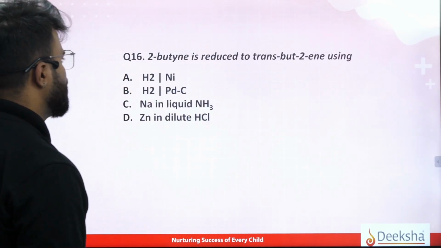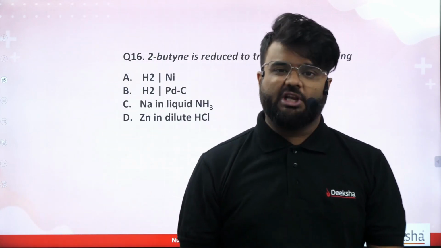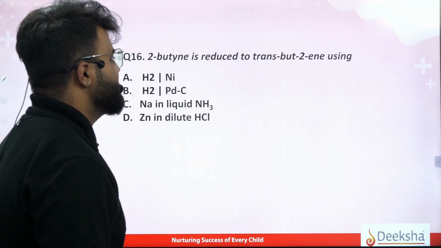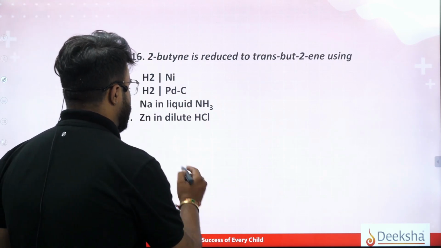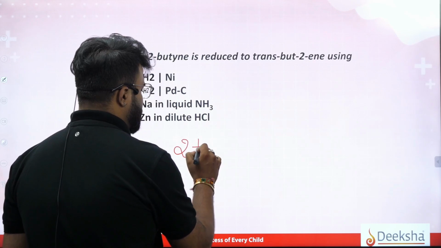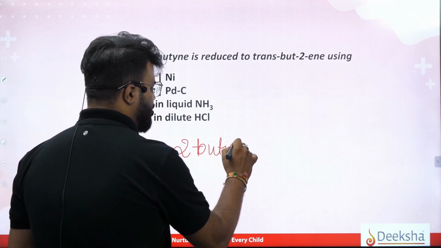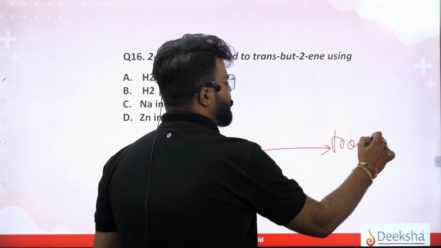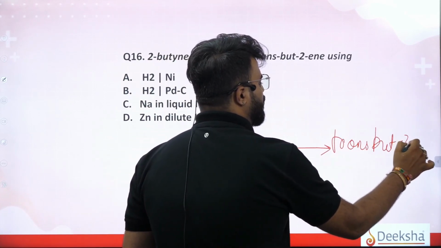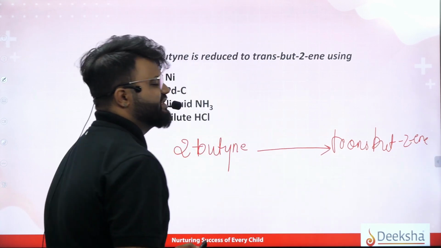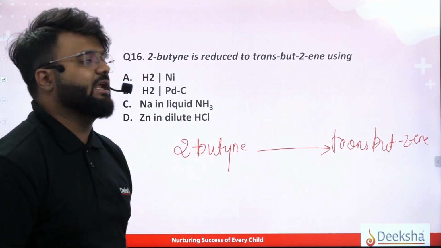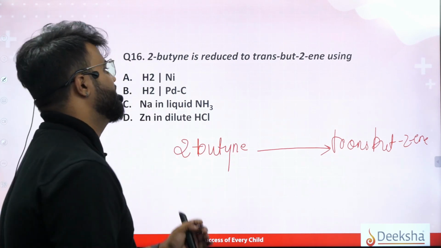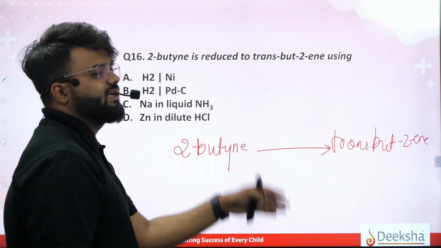Okay. Coming back to question number 6, 2-butene is reduced to trans-but-2-ene. So 2-butene is reduced, and what do you get? You get the trans form of but-2-ene. We have studied in the alkanes, alkenes and hydrocarbon chapter which catalyst is used.